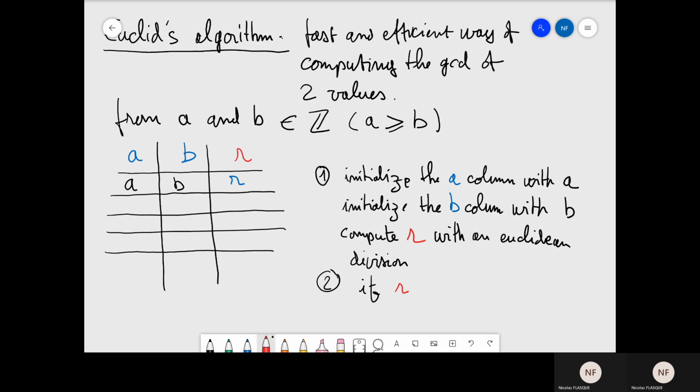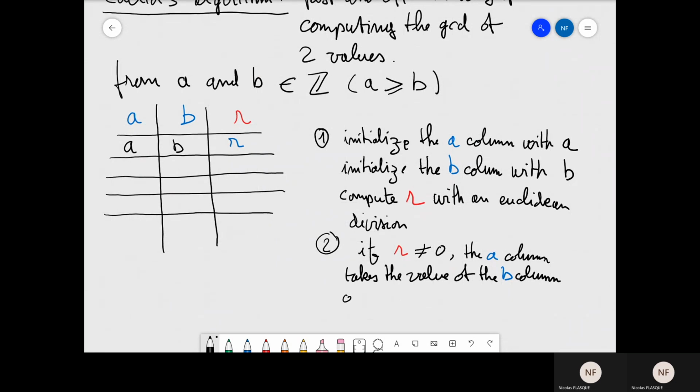If R is different from 0, then for the following lines, the A column takes the value of the B column above.